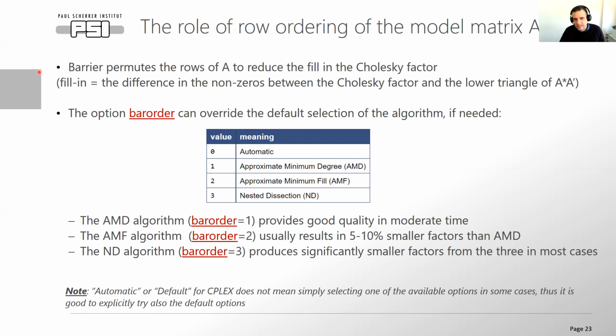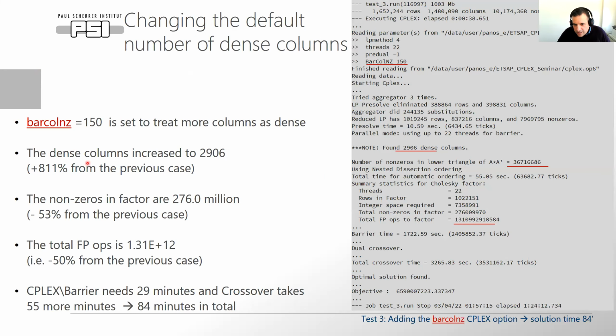The fill-in is the difference between the non-zeros in the Cholesky factor and the lower triangle. I have to go a little bit back to show you this. Here we have total non-zeros in factor and non-zeros in lower triangle. The difference of these two numbers is the fill-in. When the barrier chooses an ordering algorithm, it chooses it in order to minimize this difference.